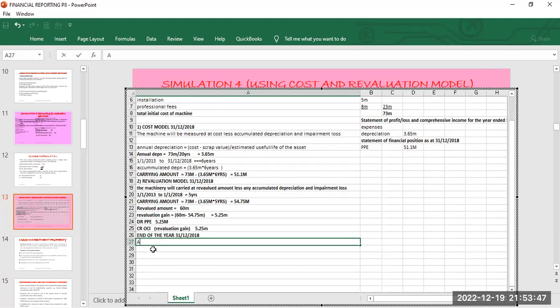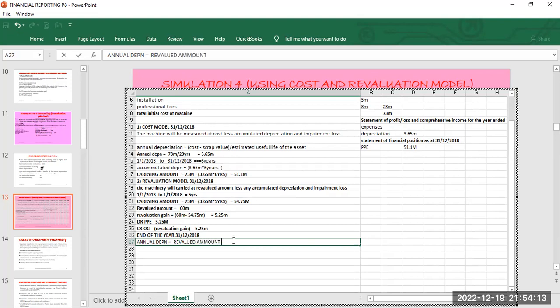So we compute the annual depreciation. Annual depreciation, I need to use short form. And this annual depreciation is now going to be taking the revalued amount.